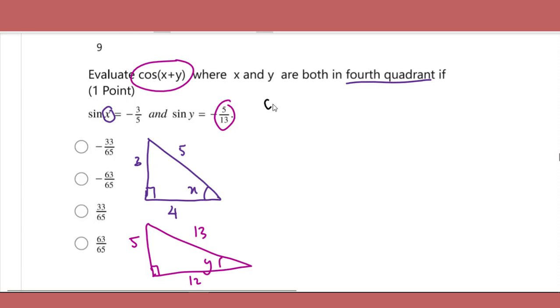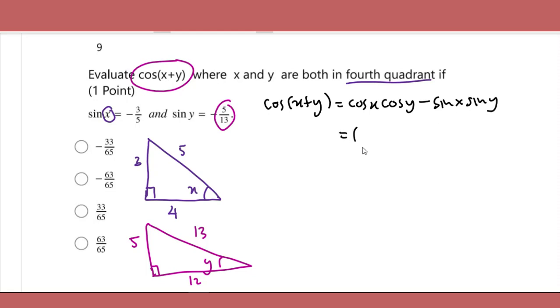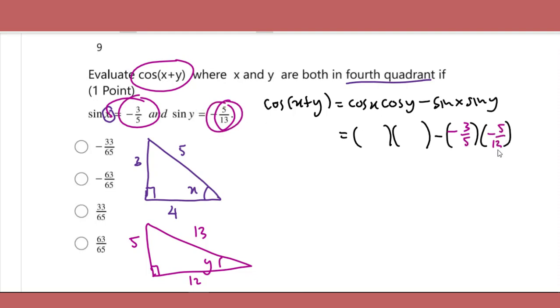Okay, cos x plus y using the compound angle formula: cos x cos y minus sin x sin y. Substitute. Given sin x is equal to negative 3 over 5, sin y is negative 5 over 13, you find cos x is equal to 4 over 5, cos y is equal to 12 over 13.